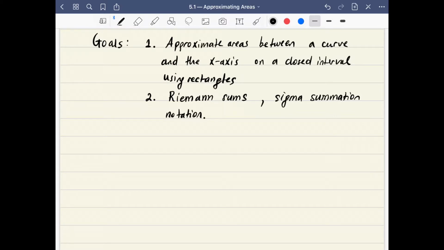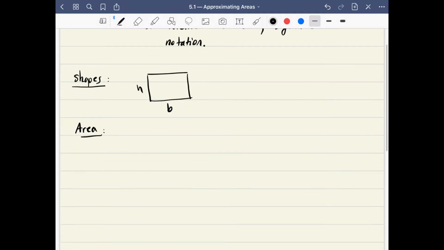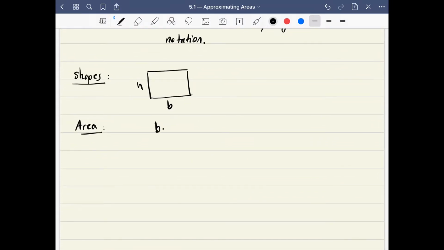So recall that if you have various shapes, we know how to find the areas of these shapes very easily. For example, if you have a rectangle of base b and height h, then the area of such a rectangle is base times height.